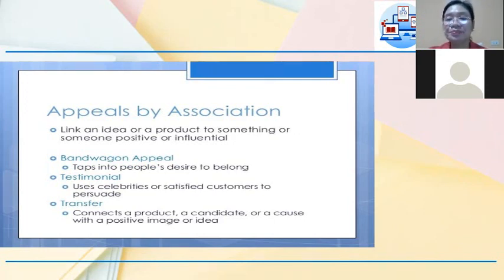So this is actually a living proof, testimony that, for example, a certain product is really effective. Okay, and then transfer, connects a product, a candidate, or a cause with a positive image or idea.